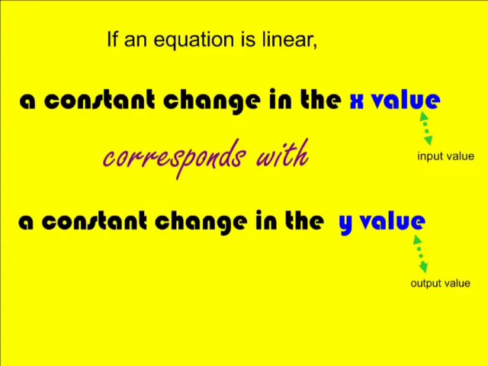Let me give you a very simple example to try to explain that. If you go to a convenience store and you want to buy a candy bar, and one candy bar costs, let's say, 50 cents, then you would buy two and it would be $1. You notice that it's a change.